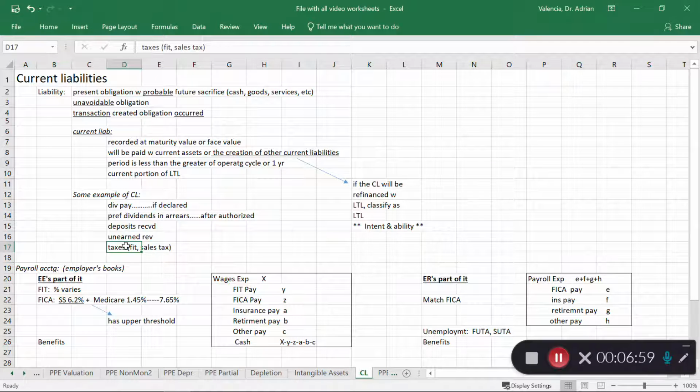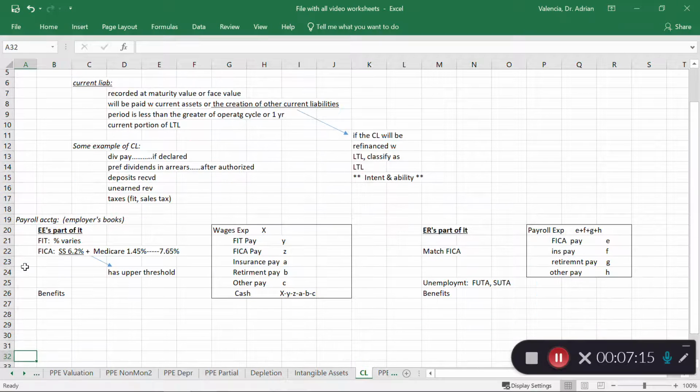So that includes things like federal income tax for payroll, sales tax, all these other things that accumulate are short-term in nature. Okay? As an example, I'm going to provide here how we account for payroll, given that payroll usually gives rise to several short-term liabilities.